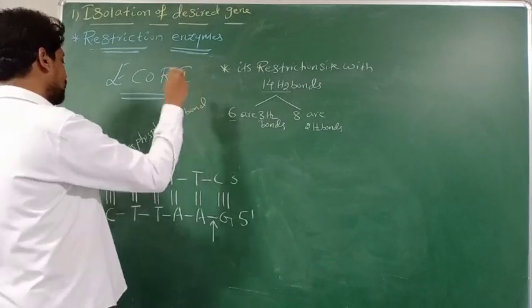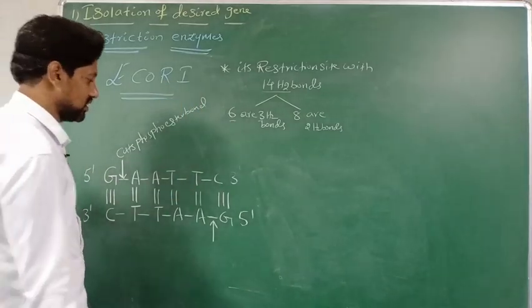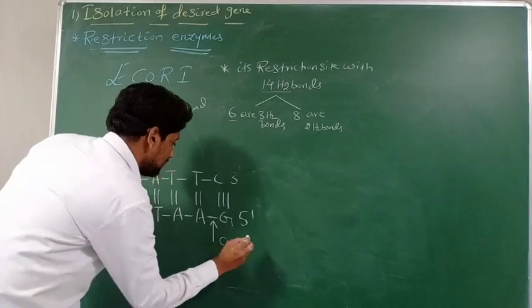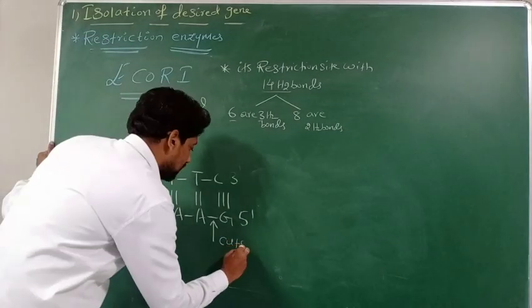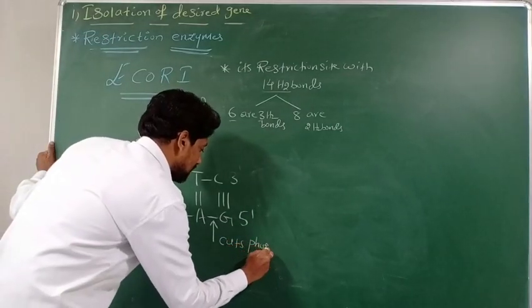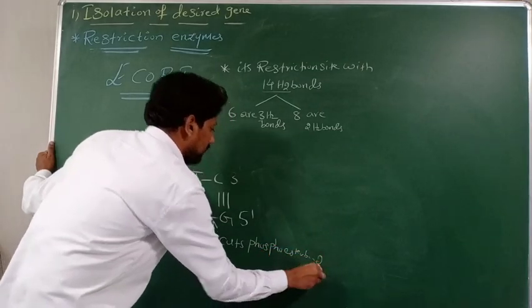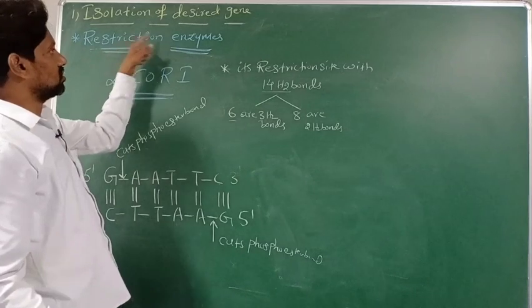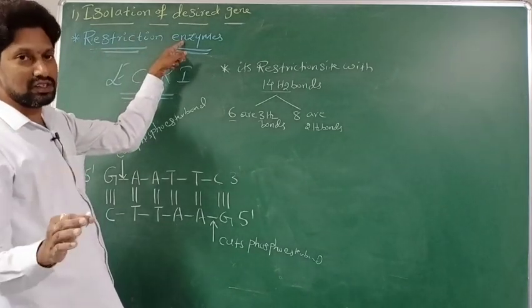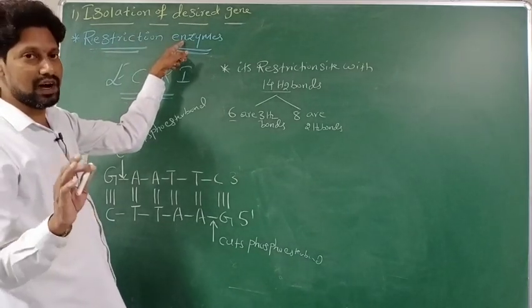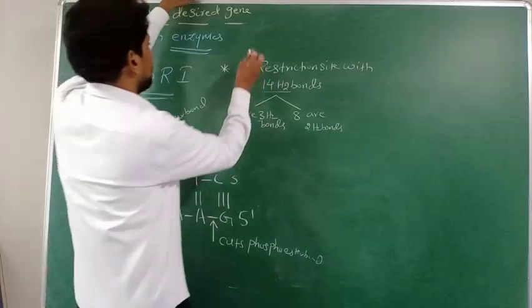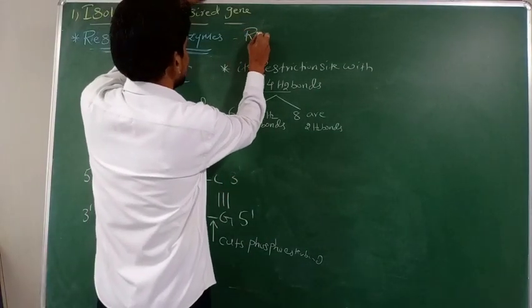In the book, it will be phosphodiester bond, but strictly speaking, it cuts phosphoester bonds. Be careful: a restriction enzyme always cuts phosphoester bonds. Therefore, restriction endonucleases.